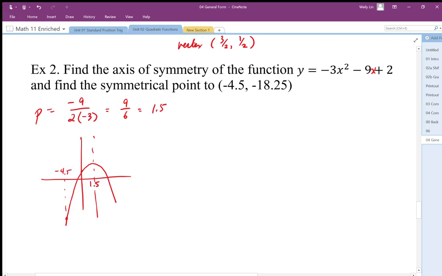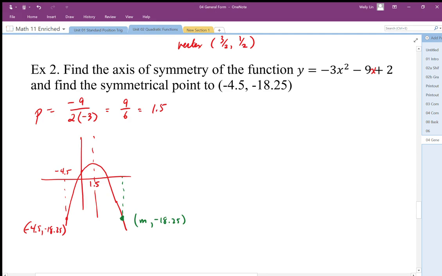The point that's symmetrical to it is right here, and we know that the y-coordinate is going to be -18.25. We're basically being asked to find this x-coordinate. Let's call it m, and the y-coordinate is -18.25.